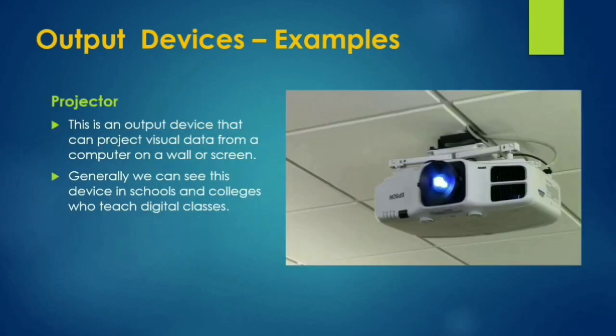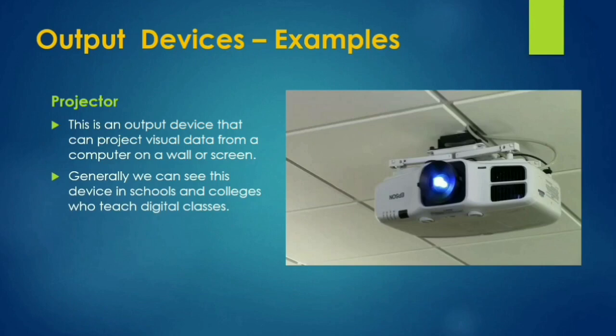The next output device is projector. This device can project visual data from a computer onto a wall or a screen. For example, we want to see a movie on the wall. How can we see that? Yes, by using a projector.